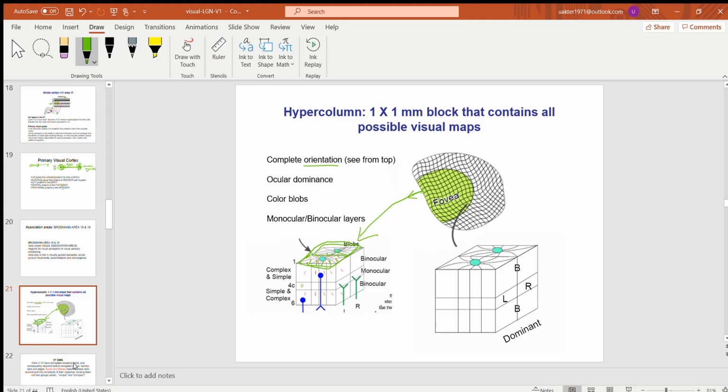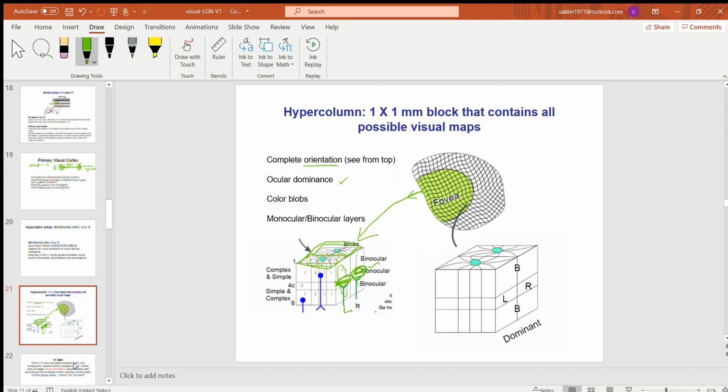A complete orientation map. Also ocular dominance. You will see left and right eyes. These neurons are sensitive to input from the left eye. These neurons are sensitive to the right eye. So you see that monocular left and right eye inputs are kept separated, right?